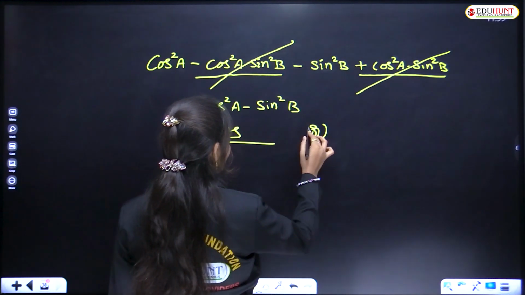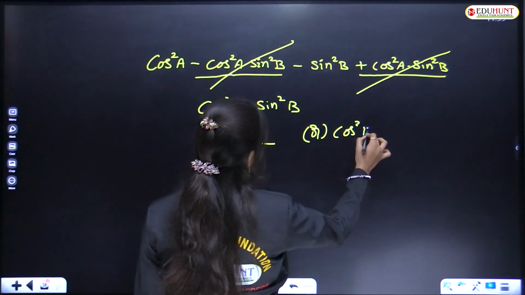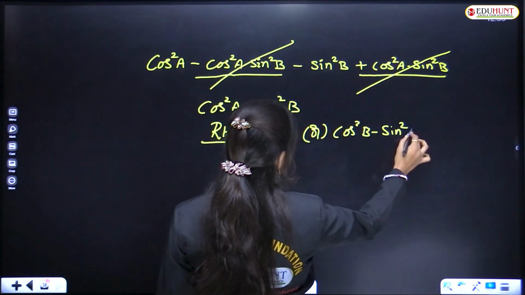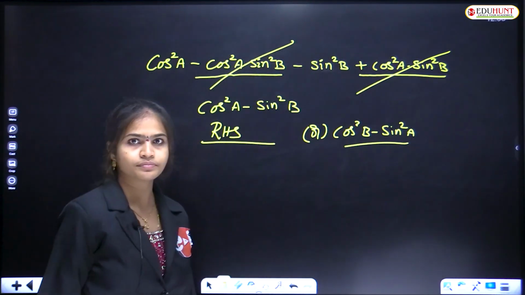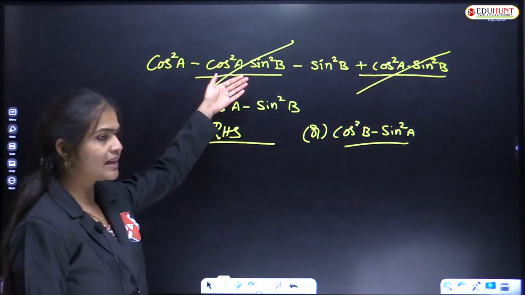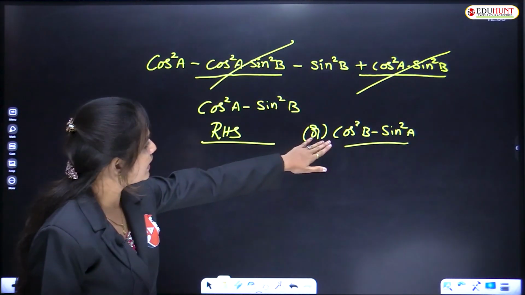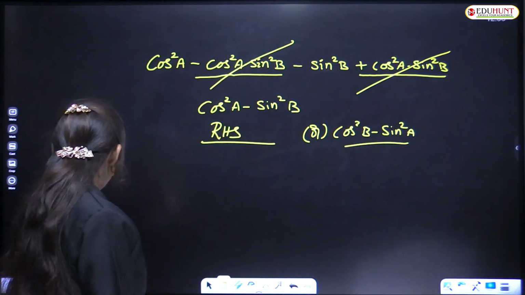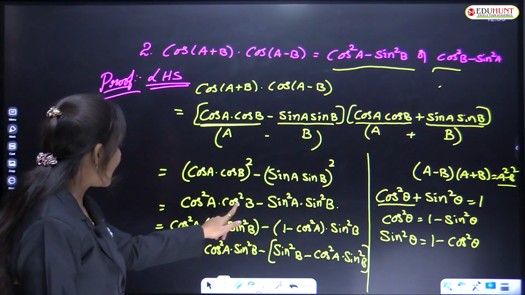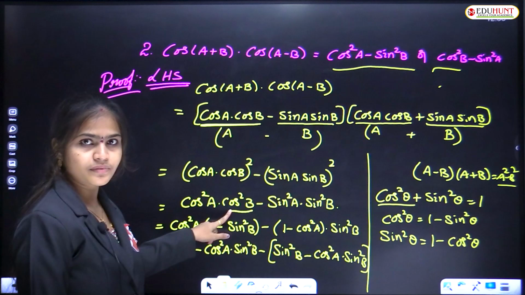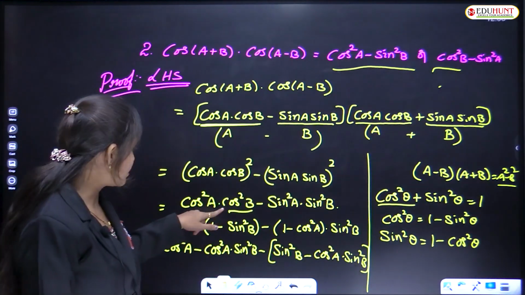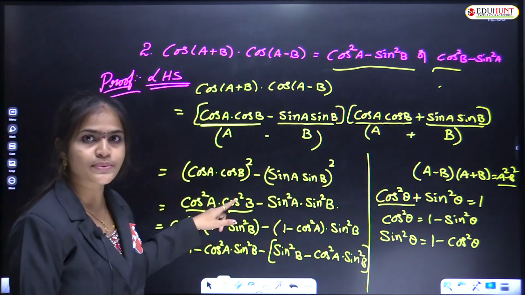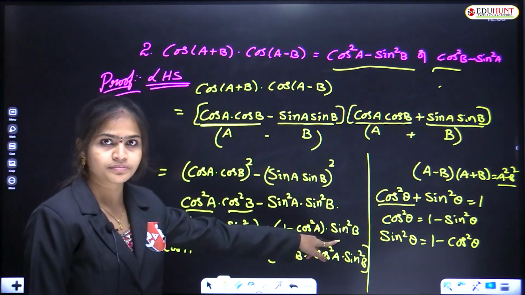What is that other formula here? Cos square B minus sine square A. So how did you get this formula? Similarly we will get this one. Just observe that here I changed B and A, I changed cos square B. So that's why we got the formula cos square A minus sine square B. Why?